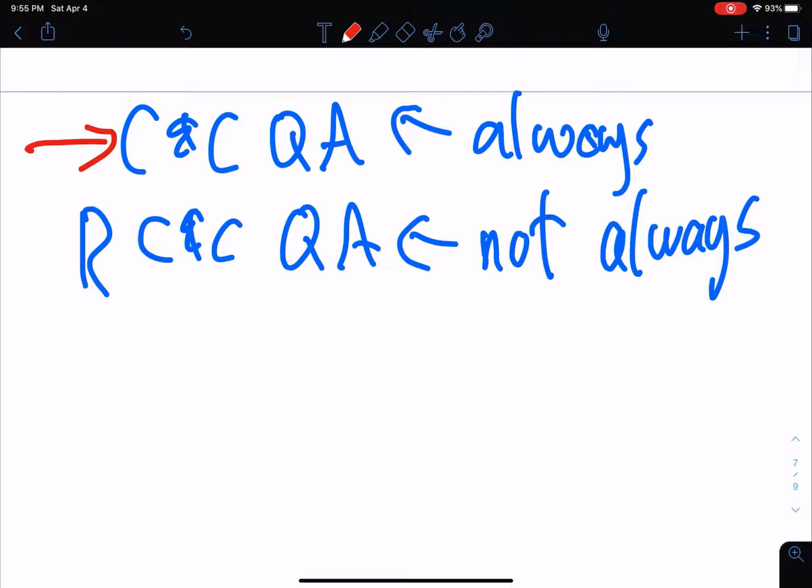And what we've just mentioned is that because reverse cash and carry quasi arbitrage activity cannot always take place, we will sometimes not have a lower bound on futures prices, and we will not have an upper bound on the basis. In fact, the basis can become positive, indicating the cash price is greater than the futures price.